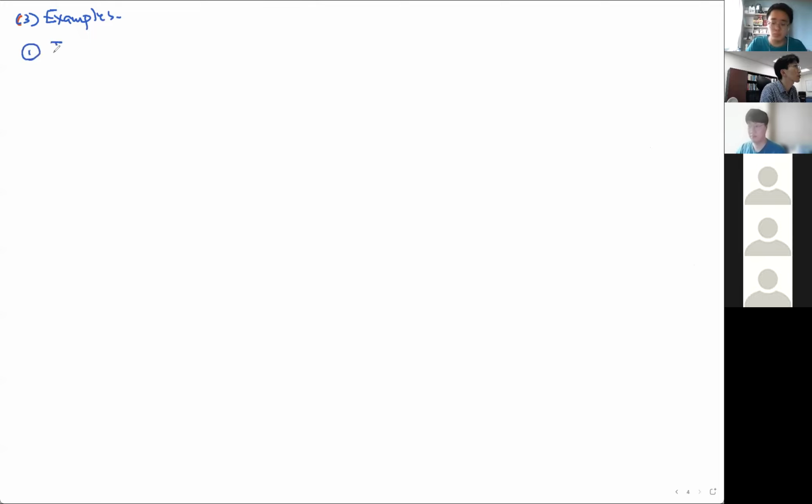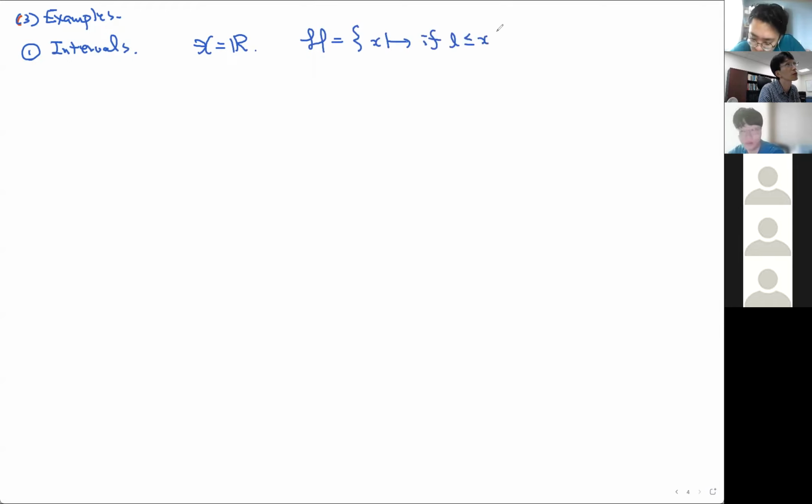The first example is intervals. The hypothesis class is intervals, and the input space is just the set of reals. A hypothesis is the function that maps an input to 1 if the input is between a specific lower bound L and upper bound R, and otherwise returns -1.